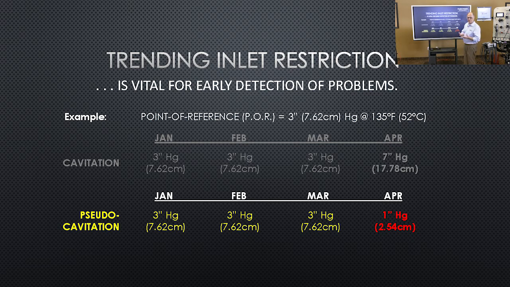Then we let air go into the inlet of the pump, and the inlet restriction went down, and we proved that lower isn't better when you have a point of reference. Those are the things we've demonstrated insofar as what is happening inside a hydraulic system.